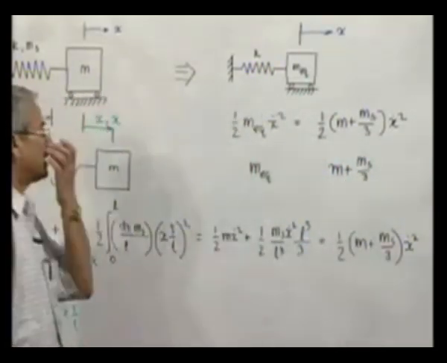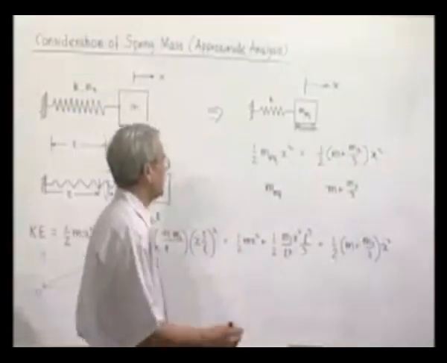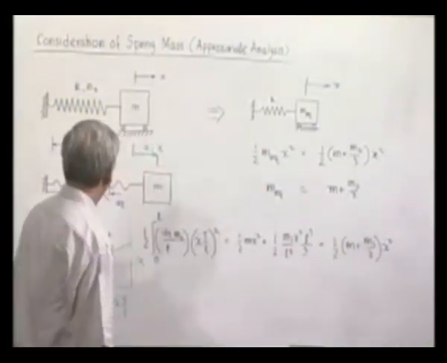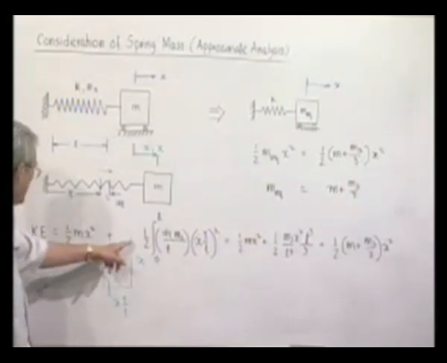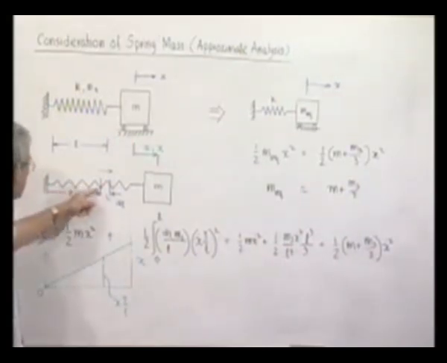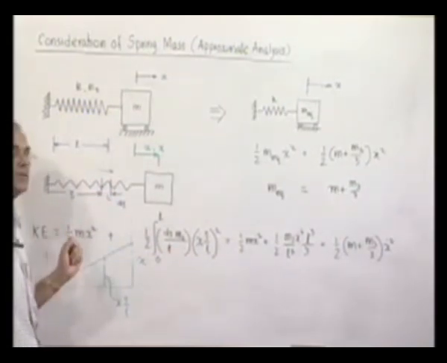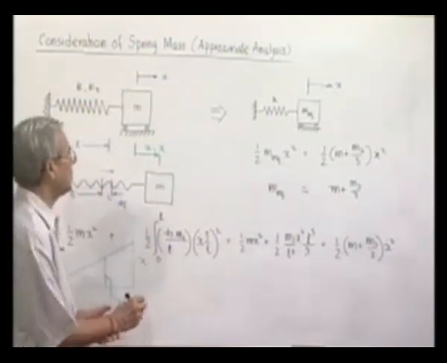Now, we must remember that this relationship which we have got actually is slightly approximate, because we consider that the displacement of each element is linearly proportional to its distance from the fixed end, which is not exactly correct, but the error introduced is very small.